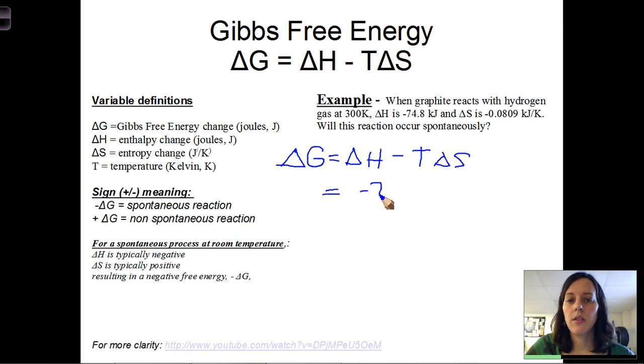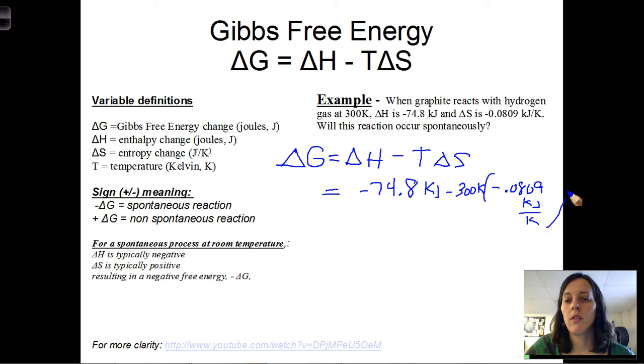Delta H is negative 74.8 kilojoules, minus a temperature of 300 Kelvin, times negative 0.0809, and our units are kilojoules over Kelvin. One thing to keep in mind for delta S is the reference tables for delta S are typically given to you in joules per Kelvin as opposed to kilojoules per Kelvin.